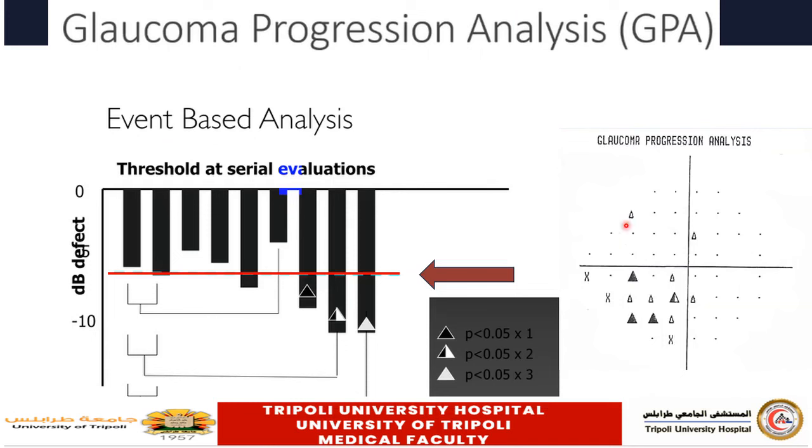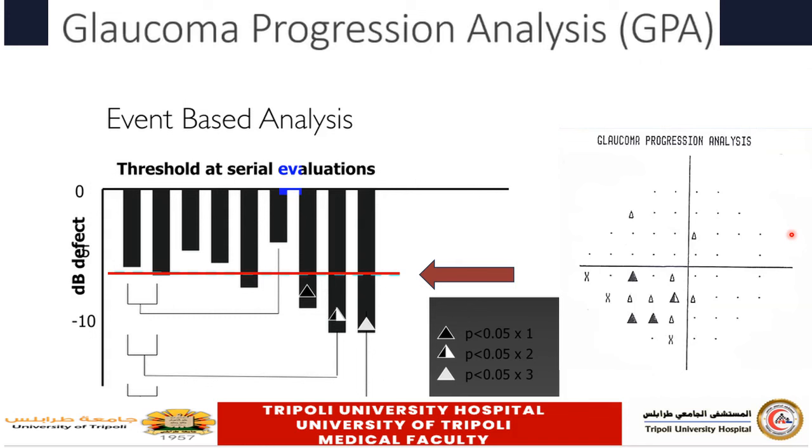When we speak about glaucoma progression analysis that is present in the Humphrey visual field, glaucoma progression poses a very substantial challenging problem to doctors and clinicians, as the slowly progressive nature of the disease makes it difficult to identify or track the changes over a period of time. This is one factor.